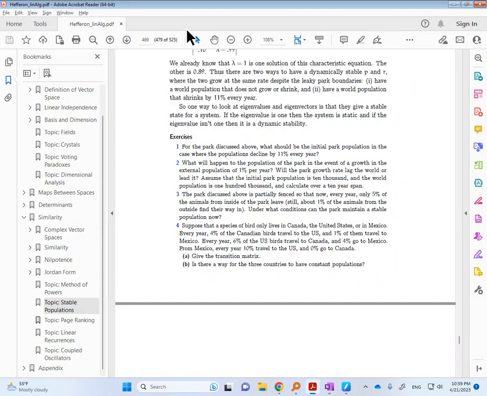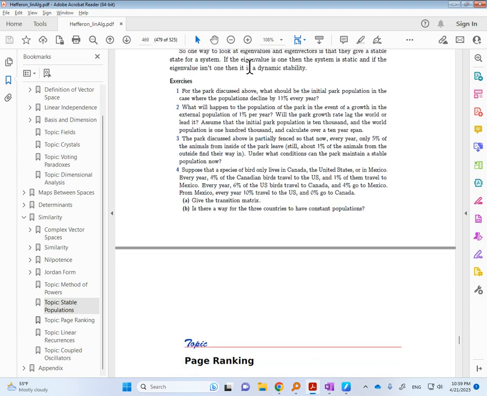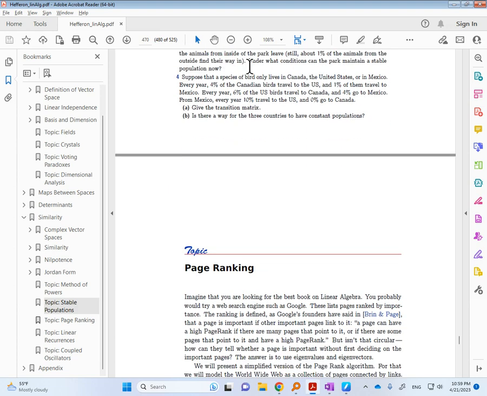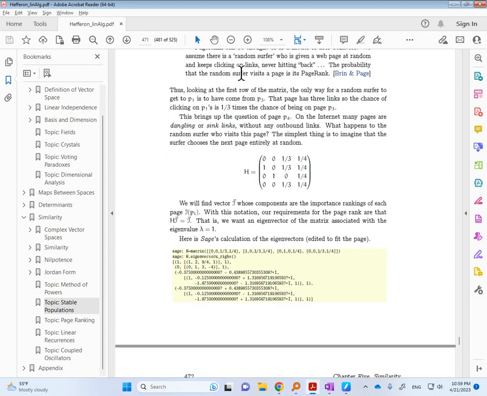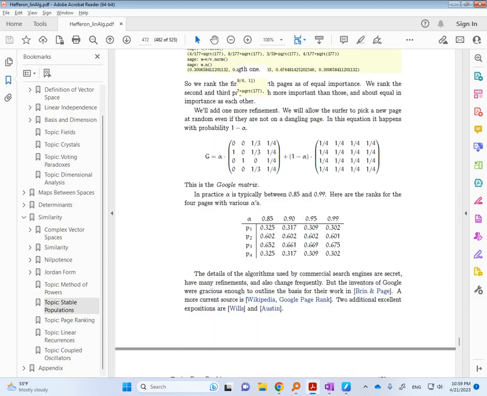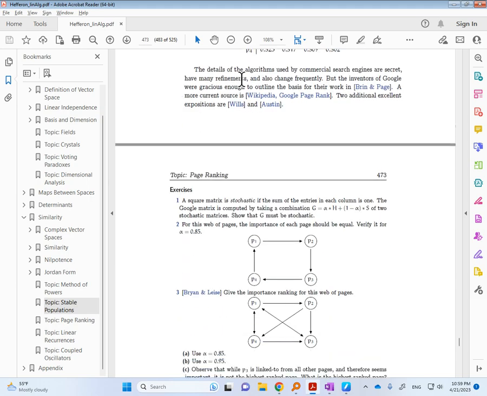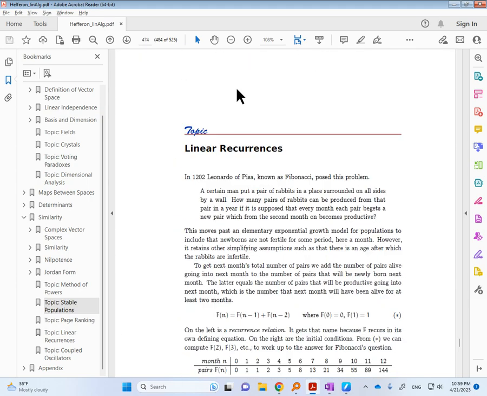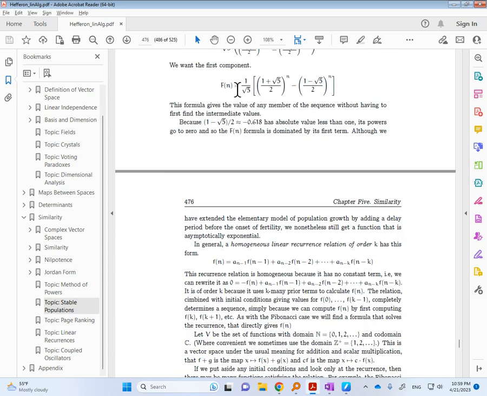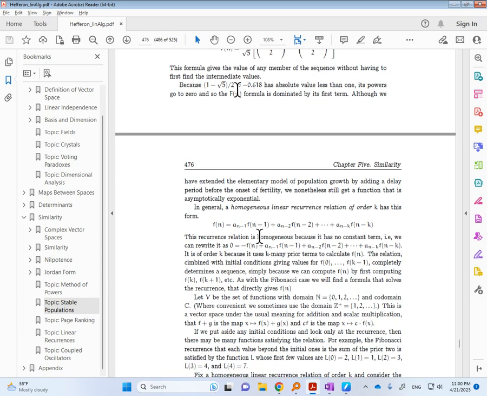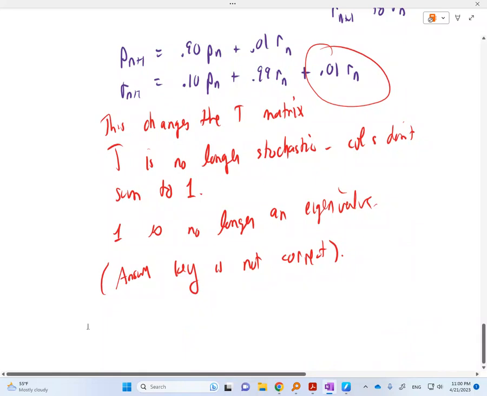So what else do I want to say? I think page ranking was not a problem. And I talked about linear recurrence in a different video. The equation here, in case you missed that, this should not be here. I'll just write it out so you can see it explicitly.